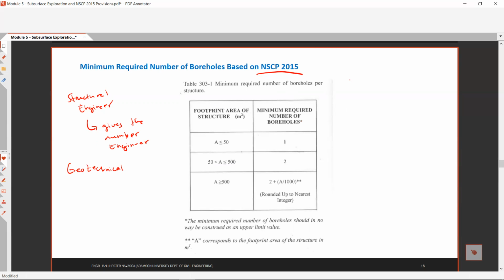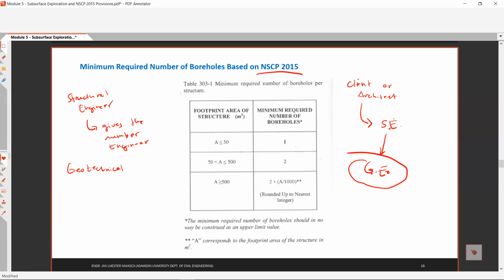Because the client or the architect gives the plan to the structural engineer. Then, let's say the structural engineer requires a geotechnical report. So the structural engineer gives the number of boring samples and the spacing of the boring samples. Siya yung magbibigay dun sa geotechnical engineer. Kasi yung una, wala namang plano na binibigay dito sa geotechnical engineer.